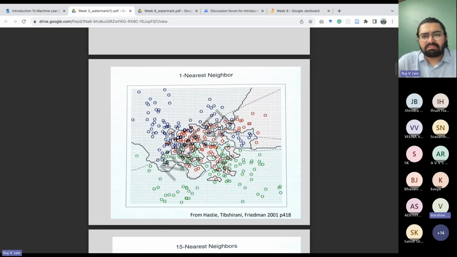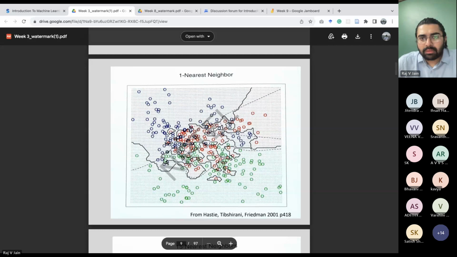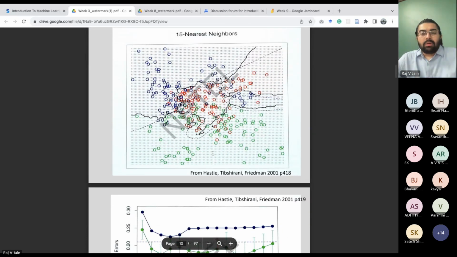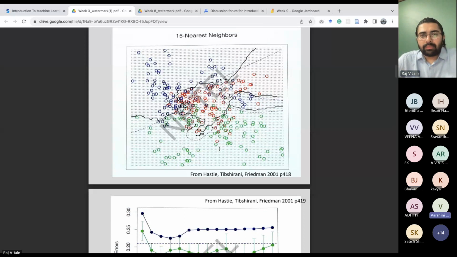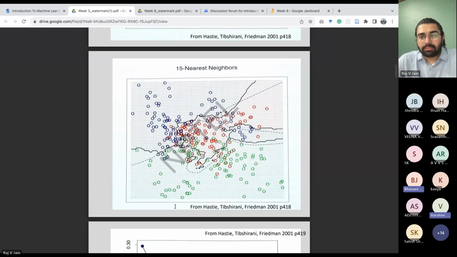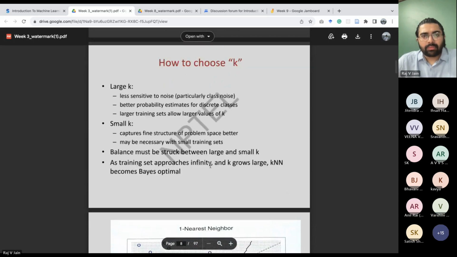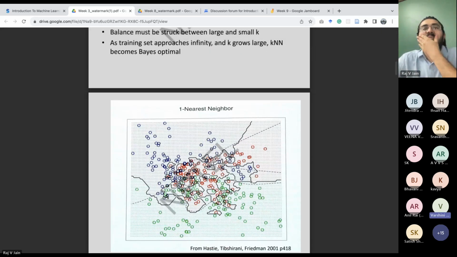Is this page 9? Week 3 only, right, sir? Let me also open it because I just noted it. Okay, yeah, here, the page before.